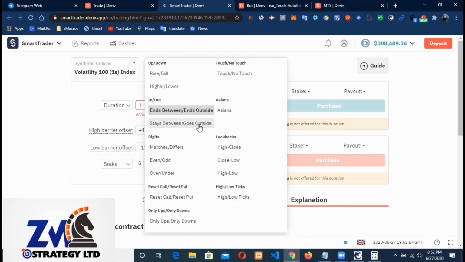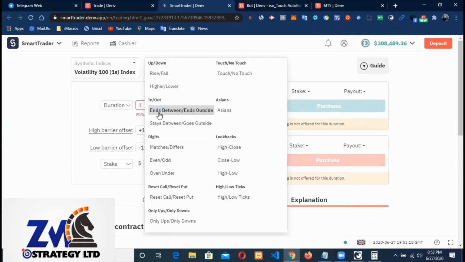Then if you are using goes outside, it means that during the trading hour, the market must go outside the barriers which you are making use of. That's why I say that stay between and goes outside is similar to touch and not touch. While the end between and end outside is similar to high and lower.